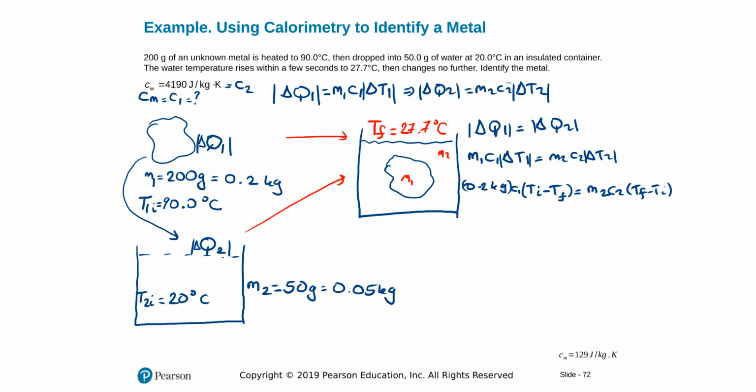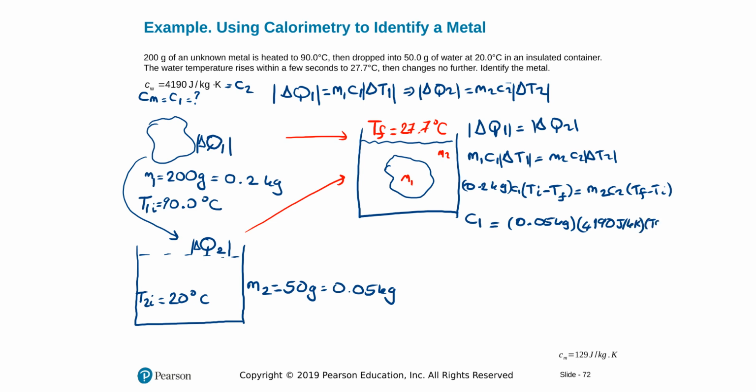And put in the values again. I'm going to solve for C1. So let's leave it alone. Divide each side by 0.2 kilogram, and this M2 is 0.05 kilogram. C2 is 4,190 joule per kilogram Kelvin.